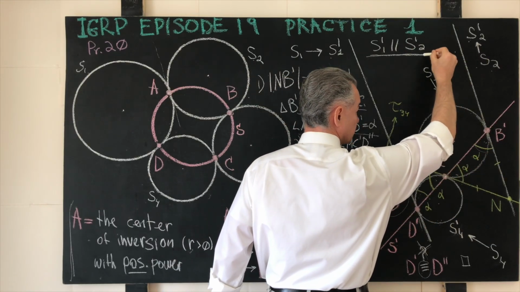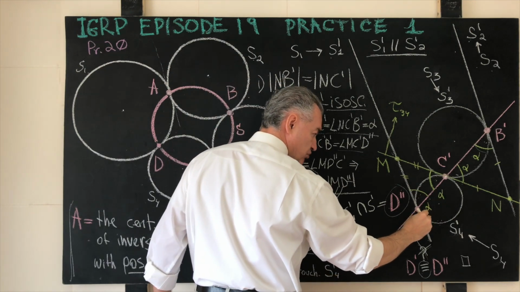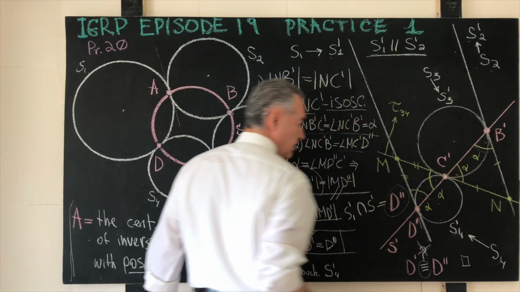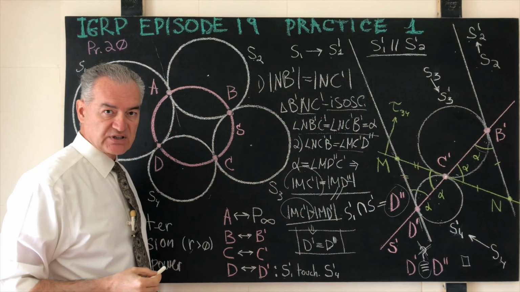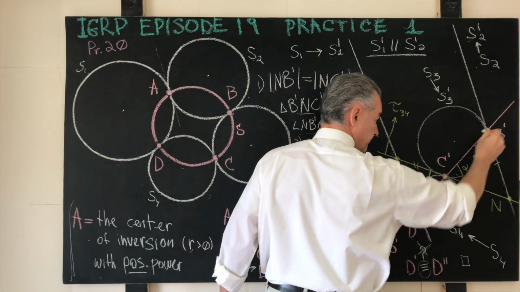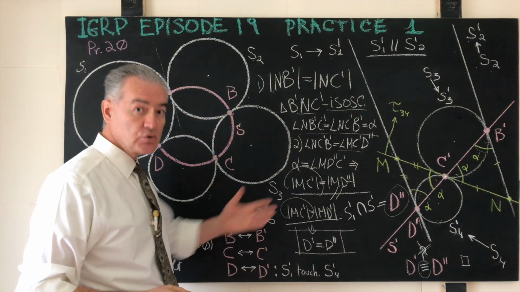Again, remember, these are precisely the straight lines that are parallel. And the point D prime will be taken back into the point B prime. And there you go. That precisely means that the points B prime, C prime, and D prime are collinear.